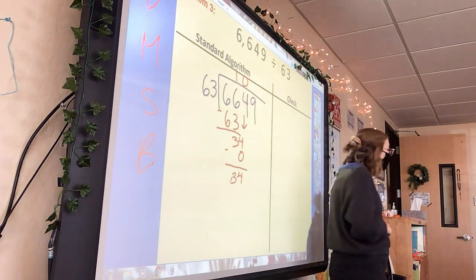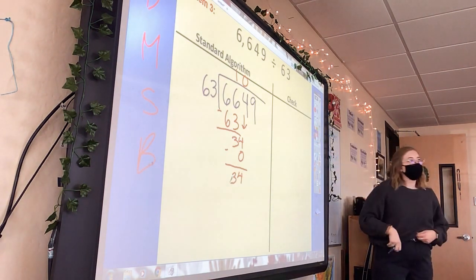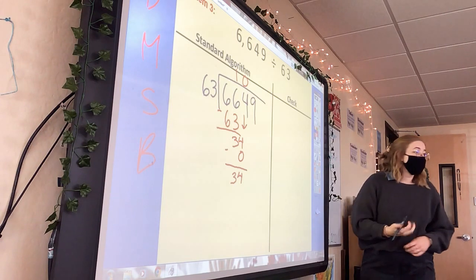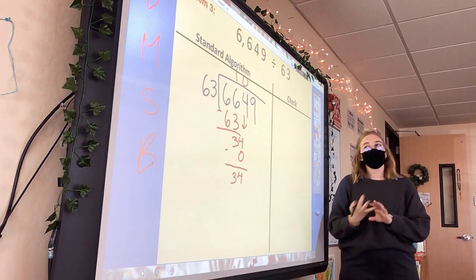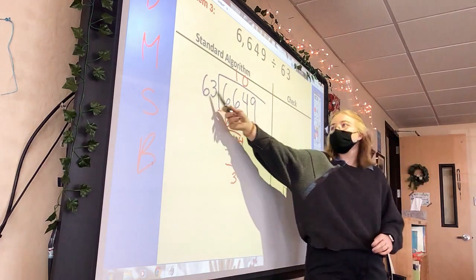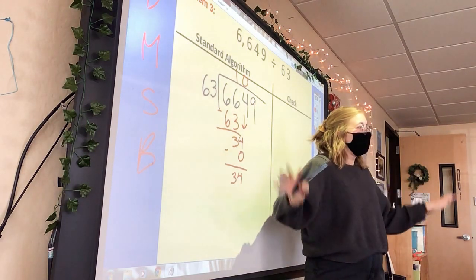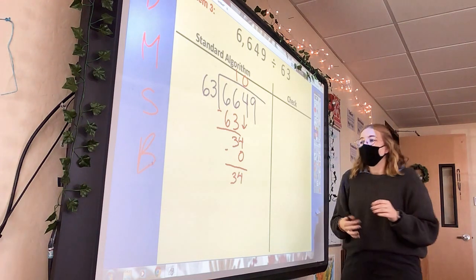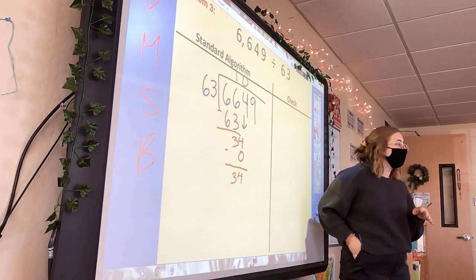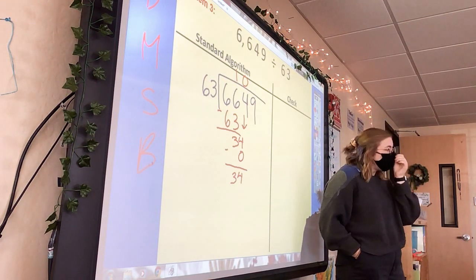Good. In 4th grade I just reviewed the rules for multiplying by 0 and 1. A lot of times we're tempted to say 63 times 0 is 63. Nope. Anything times 0 equals 0, right? Just as a quick side note, they came up with a really cool way to remember it.